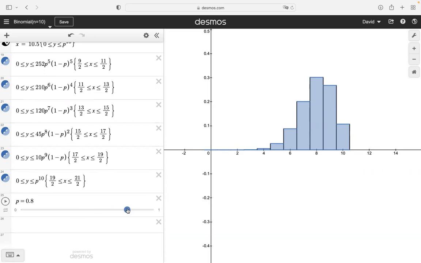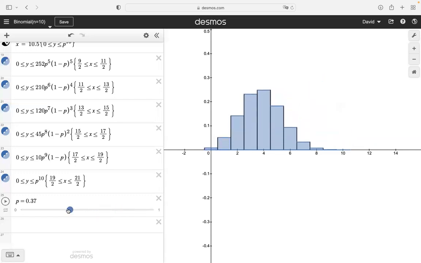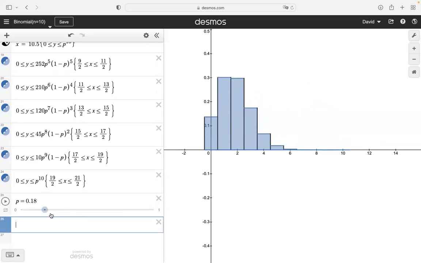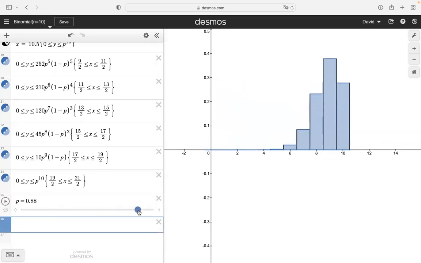We can quantify that and come up with the exact numbers, but this is just something to get used to playing around with. As P is small, this gets concentrated around the left. And when P is large, by large I mean close to 1, the distribution gets skewed to the right. So this is what the distribution looks like.